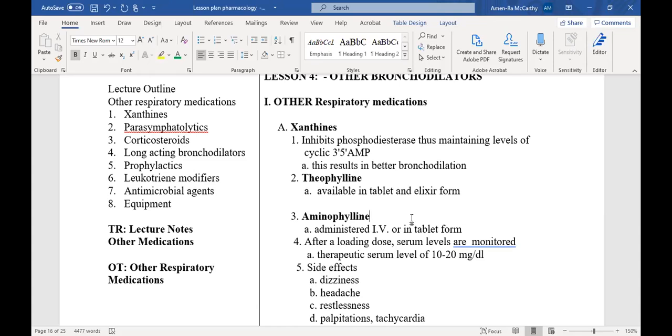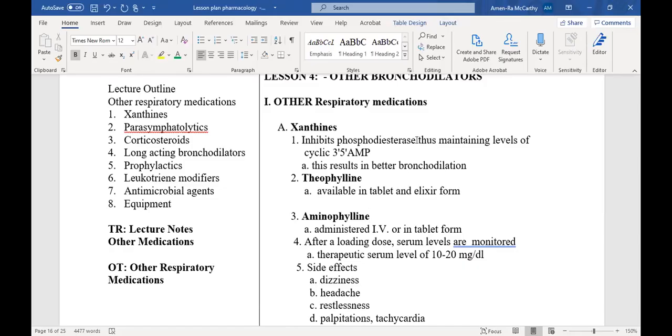Xanthines are the drugs that block phosphodiesterase. And remember, we said phosphodiesterase comes on the scene after bronchodilation. After we have good old bronchodilation, the body says, all right, that's enough, come on back in. We're going to break that 3,5 AMP down to 5 and go back to normal tone.